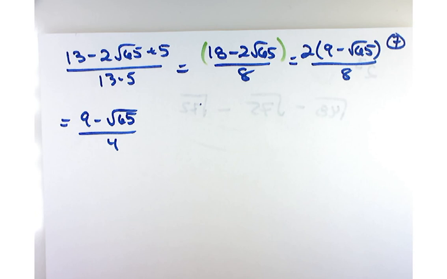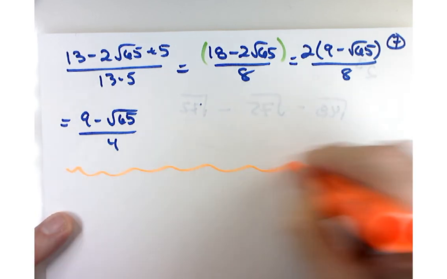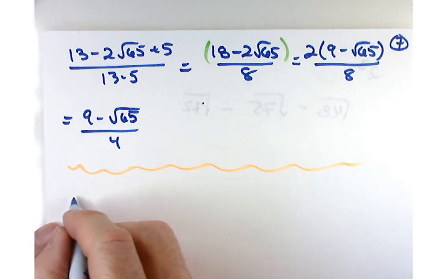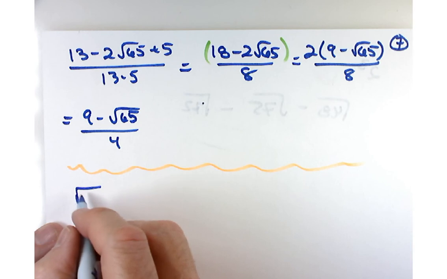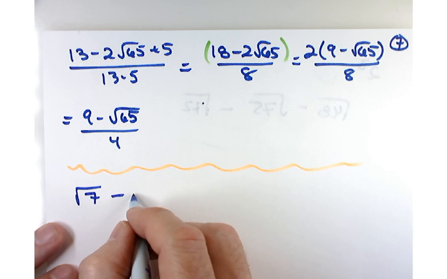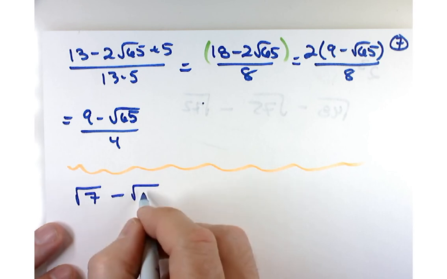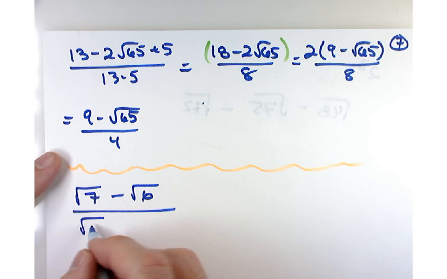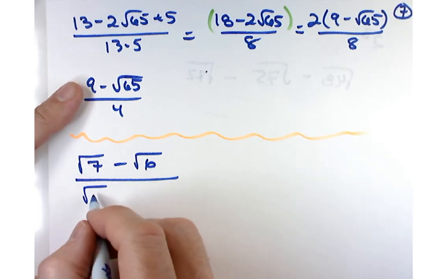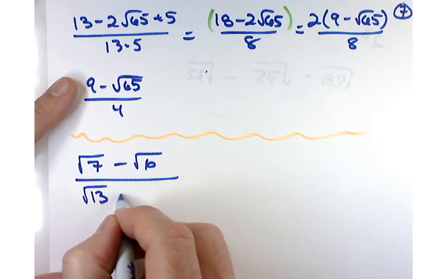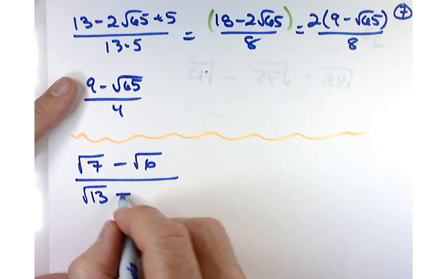So let's see here. Let's do square root of 7 minus square root of 6 over square root of 13 plus the square root of 6.